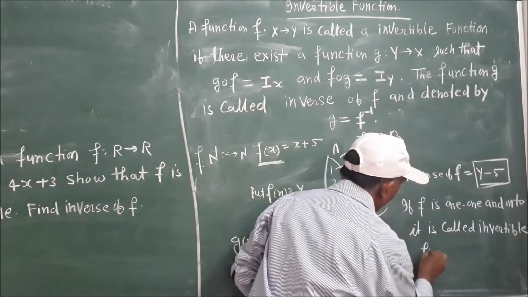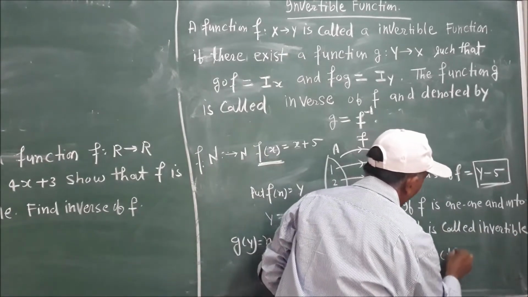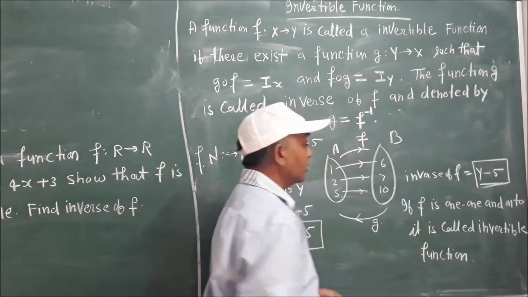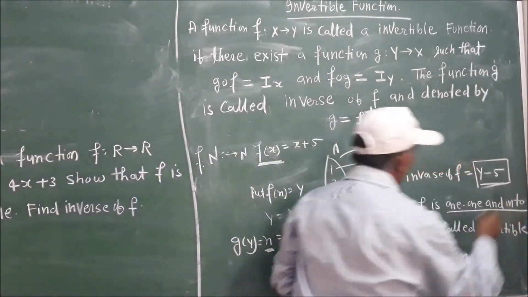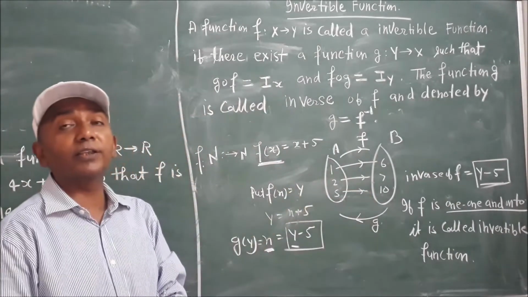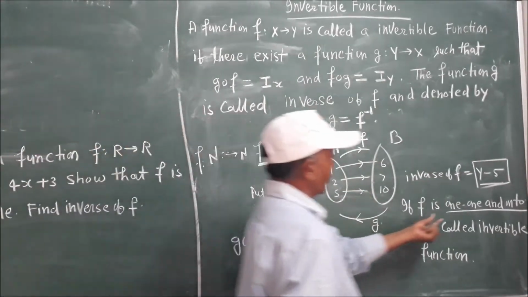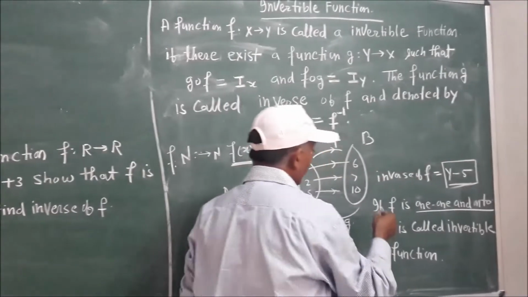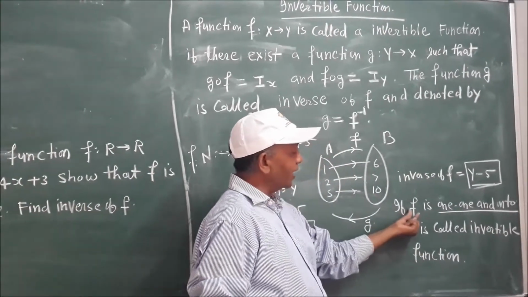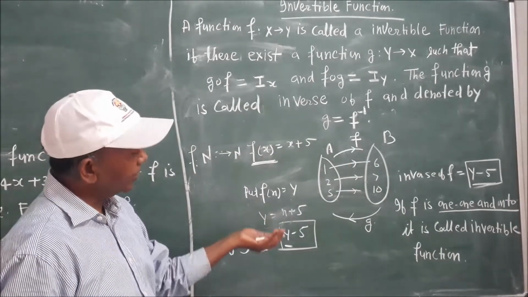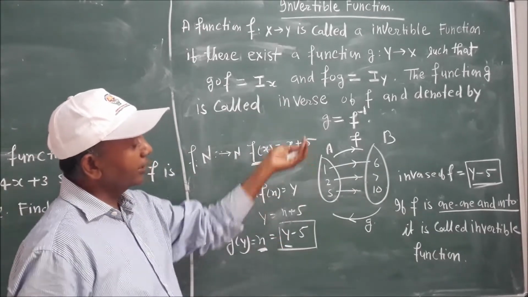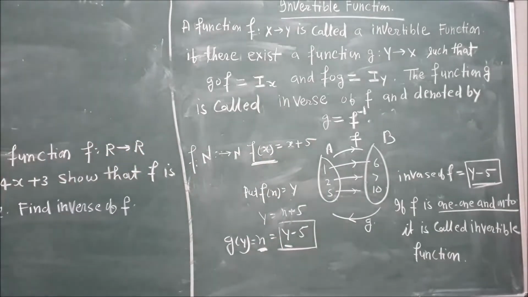If a function follows the rule of one-one and onto, this is called an invertible function. If a function follows the one-one and onto rule, that means that function is called a bijective function. So in place of one-one and onto, you can also say that if f is a bijective function, it is also an invertible function.